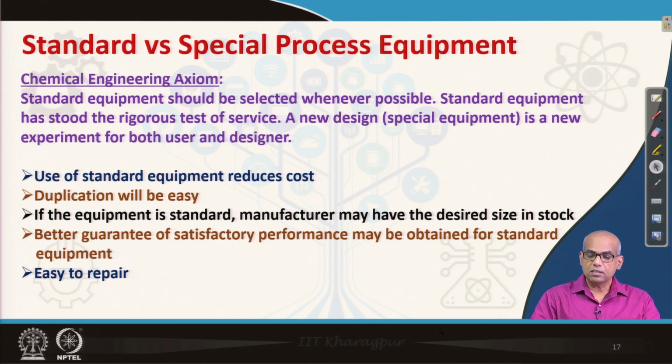The manufacturers may have the desired size in stock. Better guarantee of satisfactory performance may be obtained for standard equipment because the supplier has confidence in the design, which has matured over a longer period of time. Also, standard equipment is easy to repair.